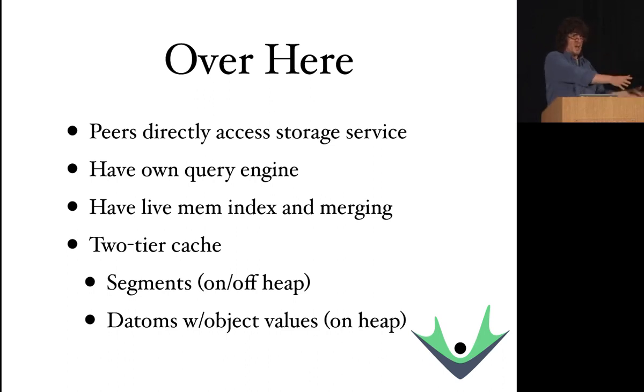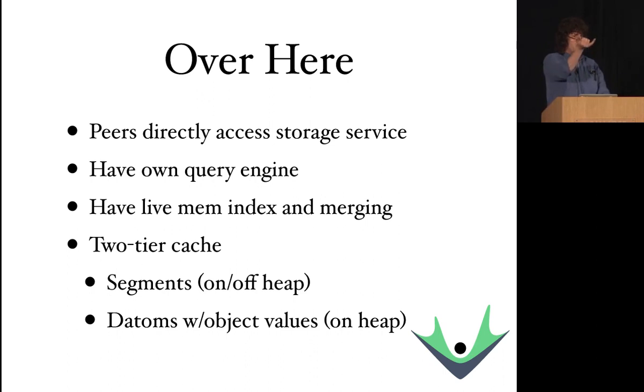Eventually you end up with a ton of datums. And you can really overwhelm your Java heap by having like a gazillion objects as your cache. So we instead have a two-tier cache where stuff we've already pulled from storage, we actually keep in the lowest tier of the cache as compressed index segments that look to the Java heap as if they were just byte arrays.